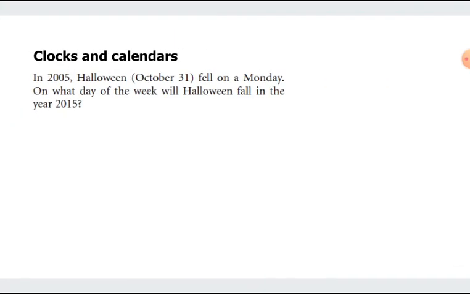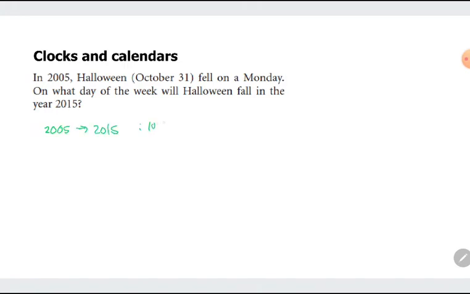Now, how about these types of problem? In 2005, Halloween, or October 31, fell on a Monday. On what day of the week will Halloween fall in the year 2015? Wow, okay. So, how many years between 2005 to 2015?